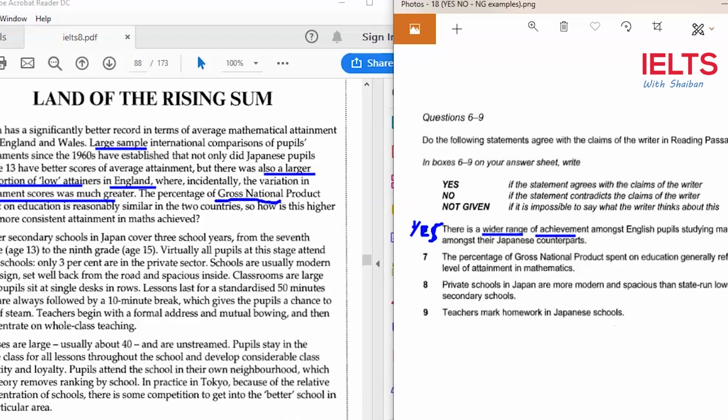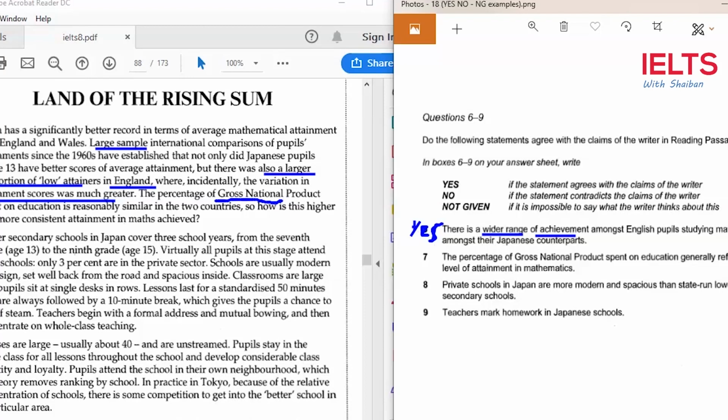If you look at the passage, the percentage of gross national product spent on education is reasonably similar in the two countries. So how this is higher and more consistent attainment in maths achieved. So the percentage of gross national product spent on education is reasonably similar in the two countries.